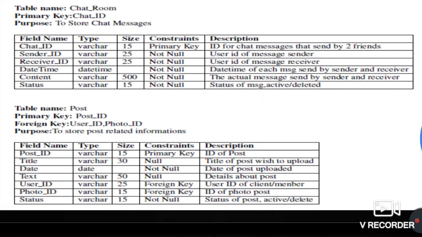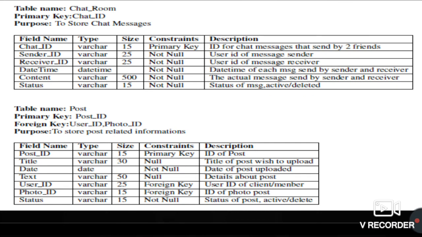Next is post. Its primary key is post ID, and foreign keys are user ID and photo ID. It is used to store post related information, so all the photo post related information and its content are stored in this post table. The post ID is the ID of the post, title is the title of the post, and date is when the post is uploaded.